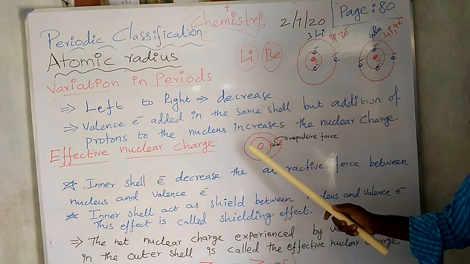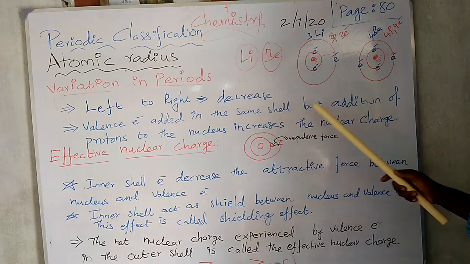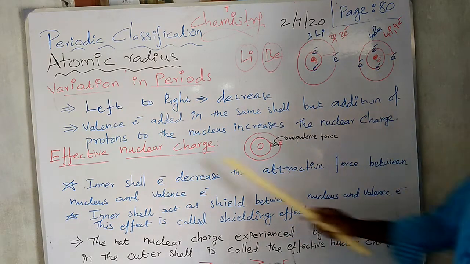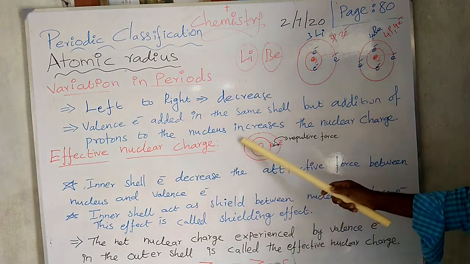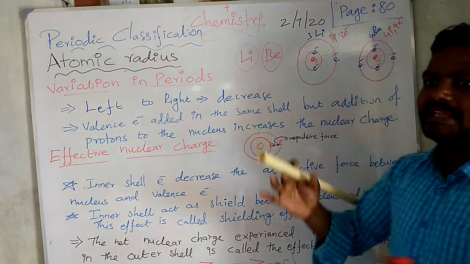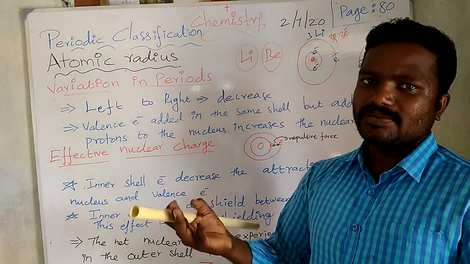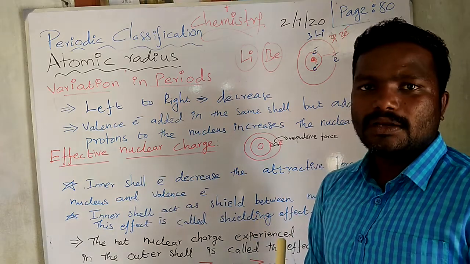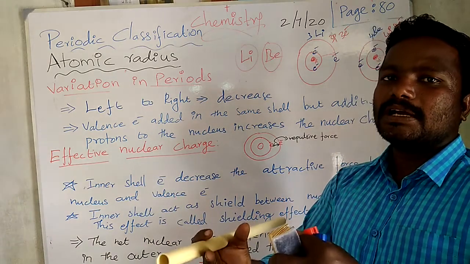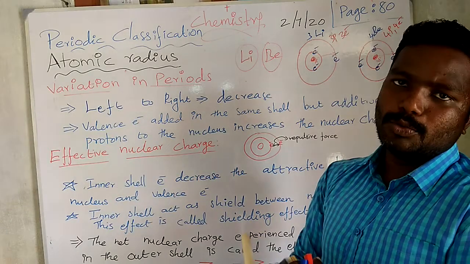What is the reason? Valence electrons are added in the same cell, but addition of protons to the nucleus increases the nuclear charge. We are adding the electron in the same cell, but nuclear charge increases because of addition of protons. Increased nuclear charge more effectively attracts the outermost cell.